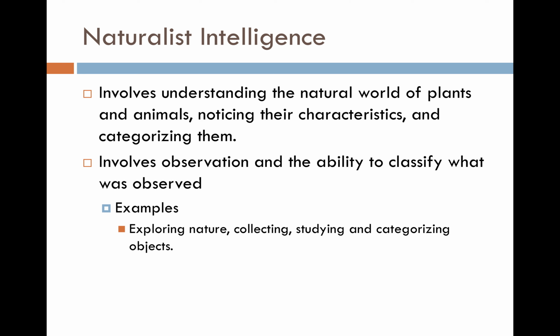It involves understanding the natural world of plants and animals, noticing their characteristics, and categorizing them. It involves observation and the ability to classify what was observed. Some examples of this would be a student who likes to explore nature, and collects, studies, and categorizes objects.